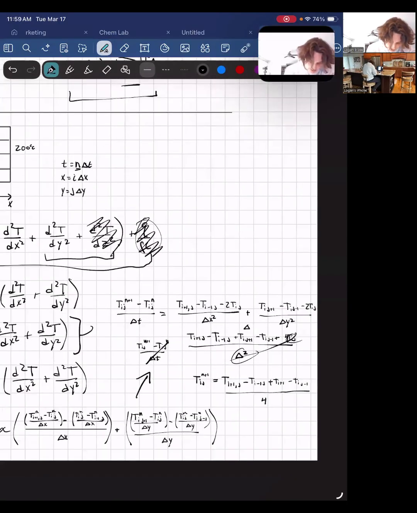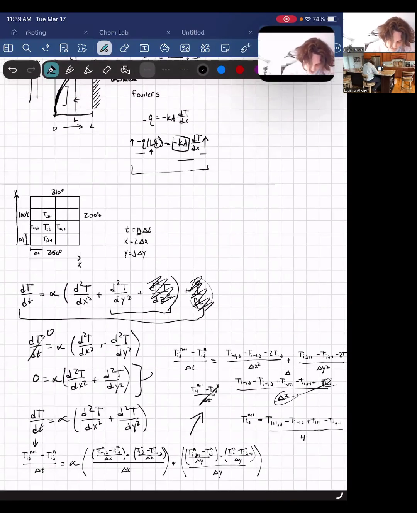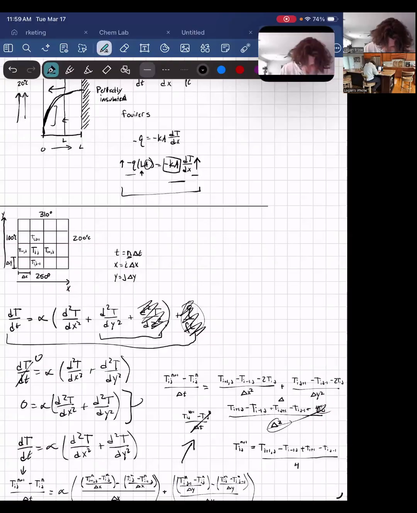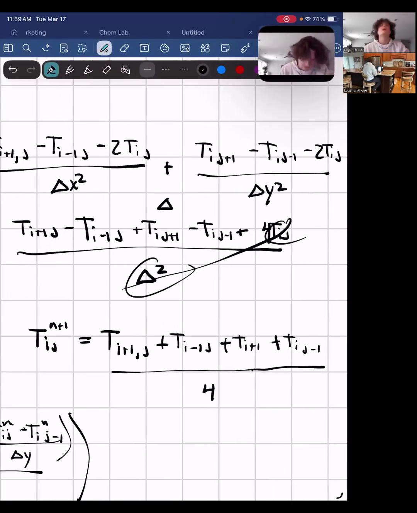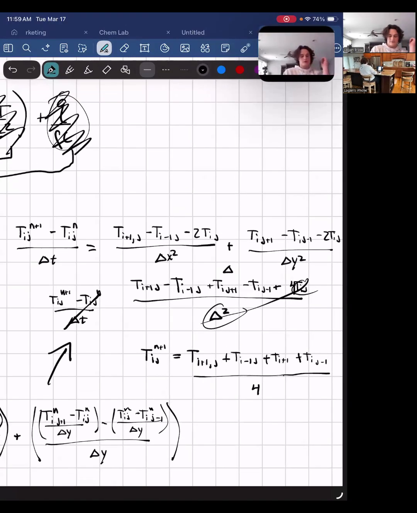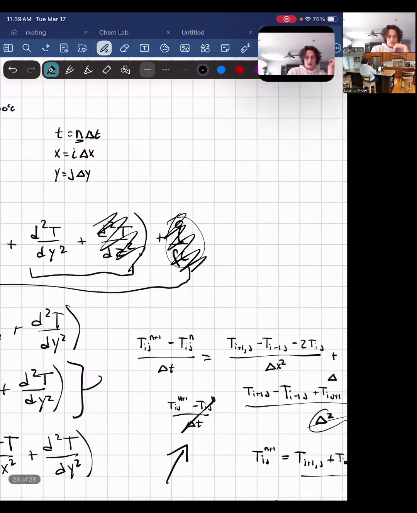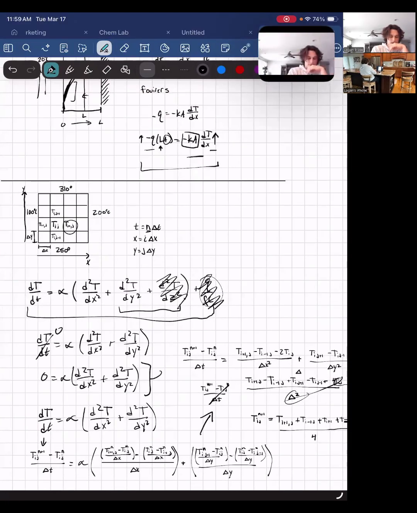Right? And so we look at this. Actually, this is plus, and this is also plus, right? But when we look at this, we notice, right, we have i plus 1, i minus 1, right? i plus 1, i minus 1, j plus 1, j minus 1, all over 4.